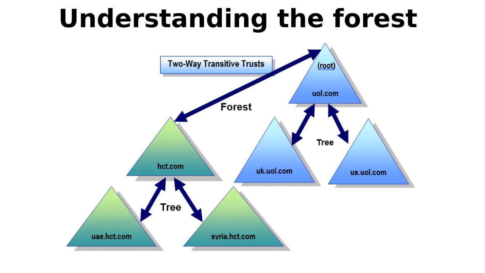To understand the forest, look here at this example. We talked about two-way transitive trust. So here, what is the root domain? UOL.com. Yes. Does UAE.sct.com trust UOL.com? Transitive trust. Okay. So this is the root, and with this child domain and these other domains, it consists of a forest.